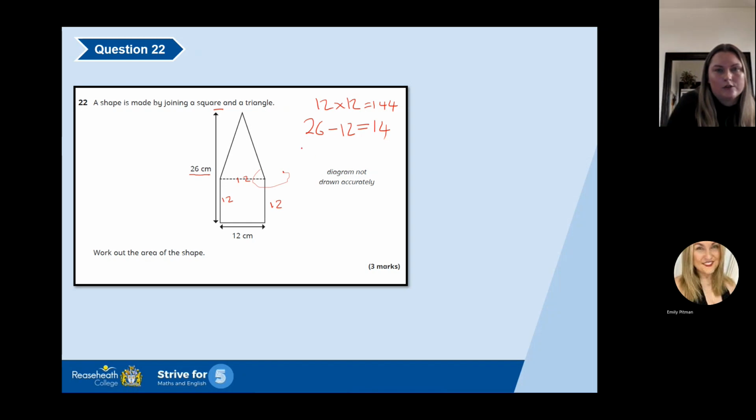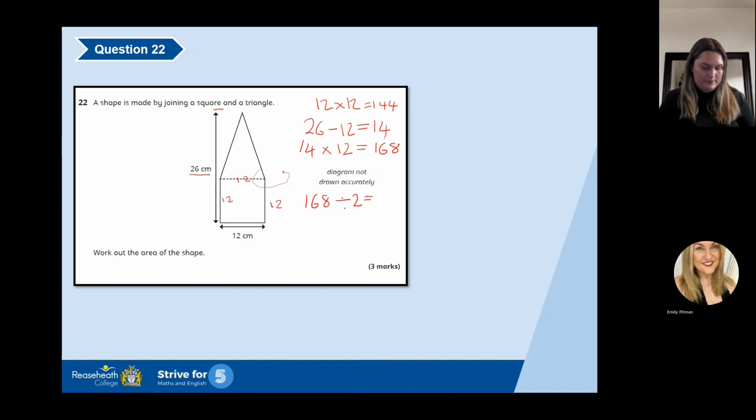So we've then got 14, because that's the height of here, times the width, which is 12, which equals, again, going to my calculator, 168. Now, because it's a triangle, I now need to divide that by 2. So 168 divided by 2 equals 84.